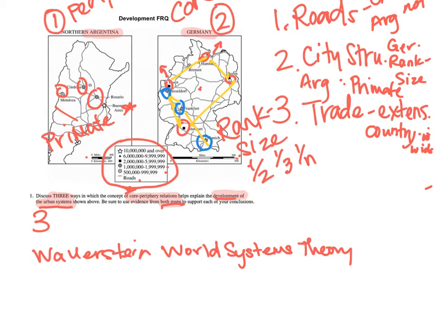The rest of them are not super significant in terms of trade. Mendoza over here does look like it probably borders, or at least closely borders, Chile. But again, it's the smallest city on our map. And so this kind of puts all of Argentina's eggs in one basket, which would suggest that, compared to Germany up here, Argentina's trade network is still developing.